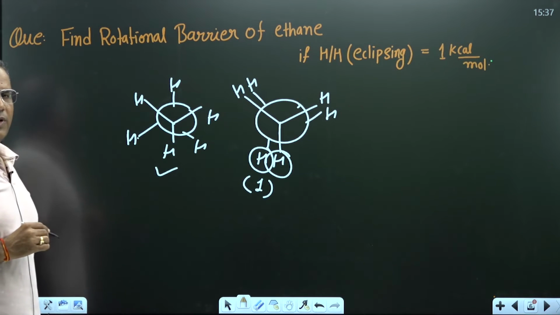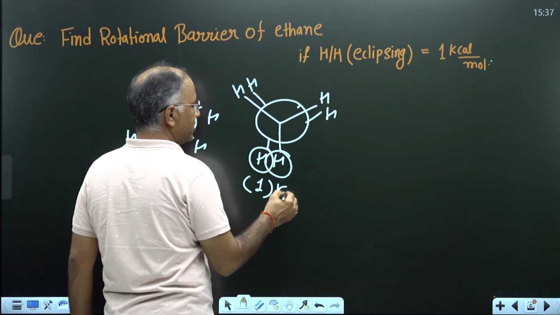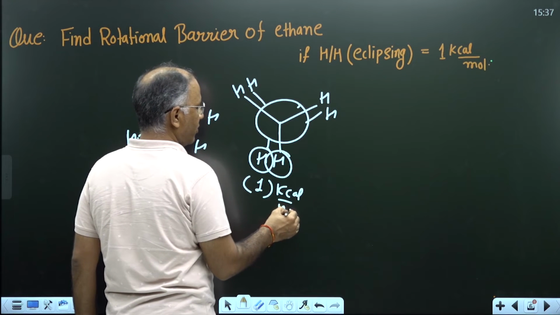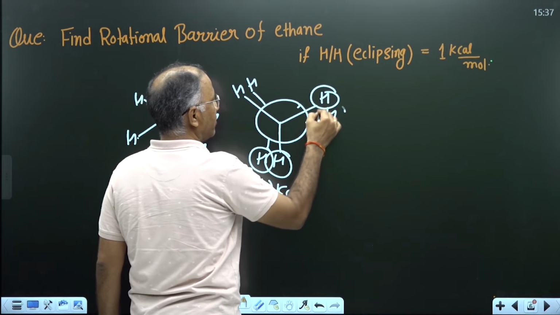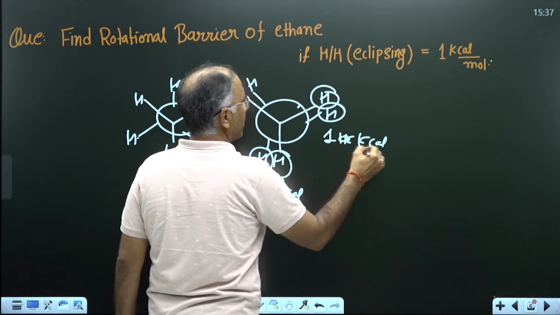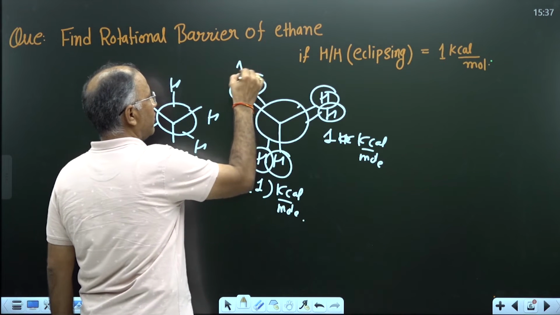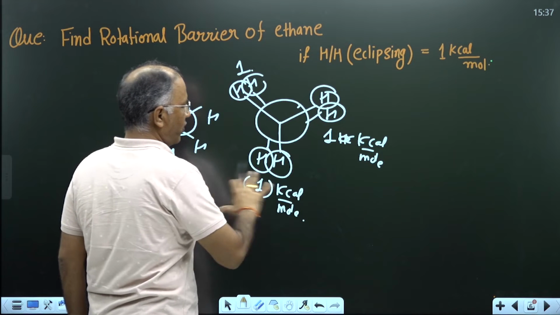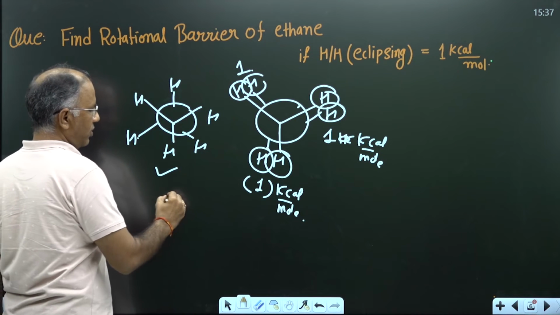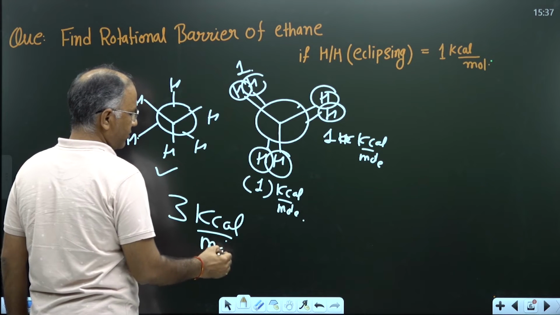Then what is the rotational barrier of ethane? If this energy increases by 1 kilocalorie per mole, similarly this also increases by 1 kilocalorie per mole, and this also increases by 1 kilocalorie per mole. So what will be the energy difference between these two? The answer will be 3 kilocalorie per mole.